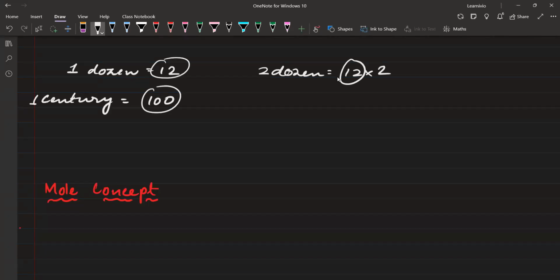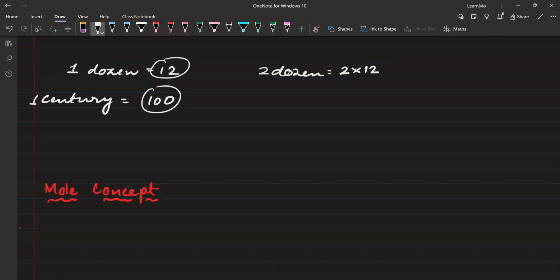What we are doing here is, we should be having a complete shift in the way you look at things. 2 dozen, you don't have to do anything, you just need to translate. As I said in the previous class, in this chapter we are going to learn the language of chemistry, and one of the things in this language is translations. So 2 multiplied by dozen is just an English word for 12.